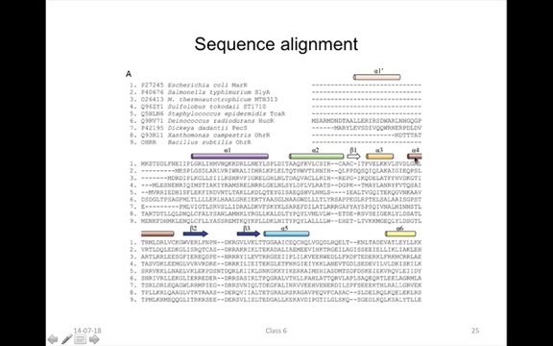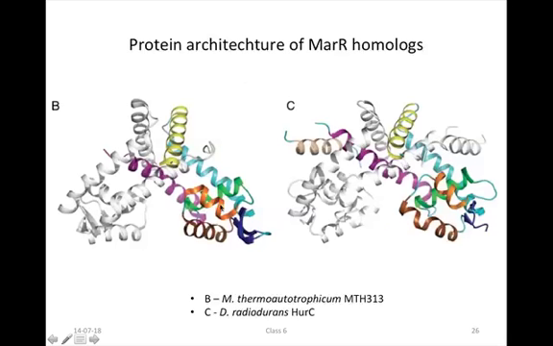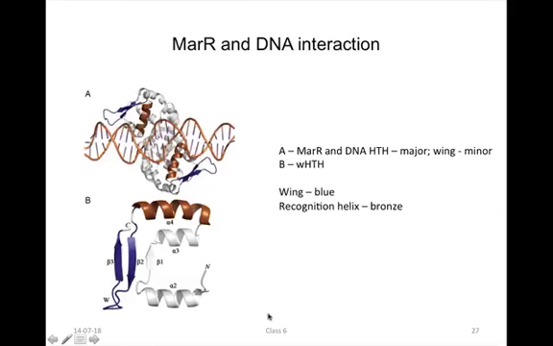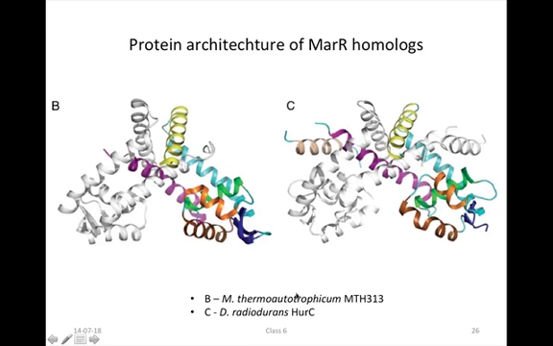So alpha 3 orange, turn brown, blue, blue. So this forms the DNA binding domain. And they've got the crystal structure for both Mycobacterium as well as Deinococcus radiodurans. The reason they included radiodurans is because it's got an extra region attached to it.